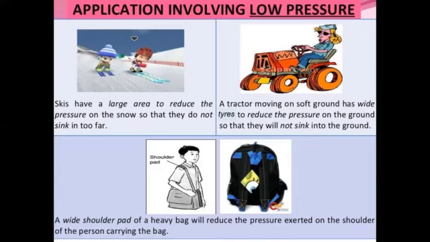So that is the reason, to reduce the pressure, the wheels are made bigger. Next one, a wide shoulder pad of a heavy bag will reduce the pressure exerted on the shoulder of the person carrying the bag. See here, it is a shoulder pad. So as the shoulder pad becomes larger, the pressure on the shoulder will become smaller.